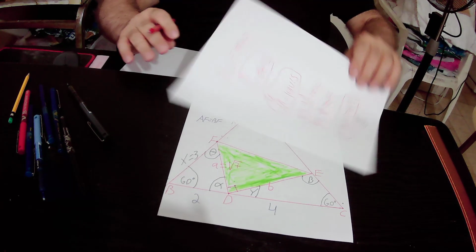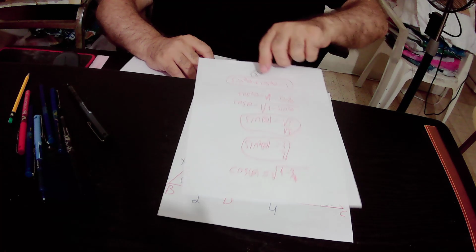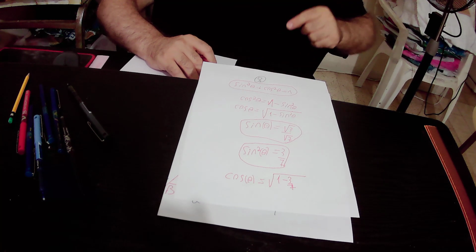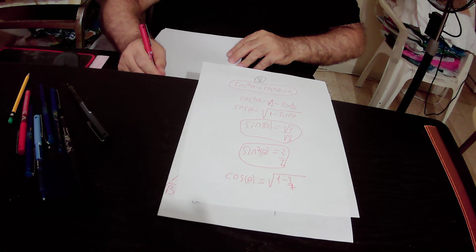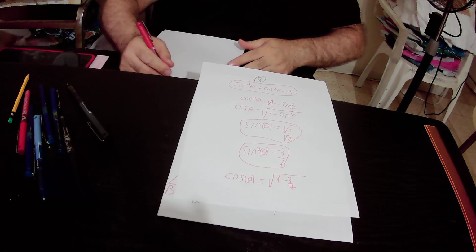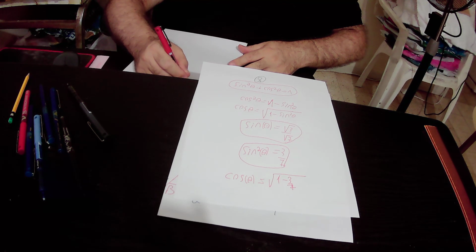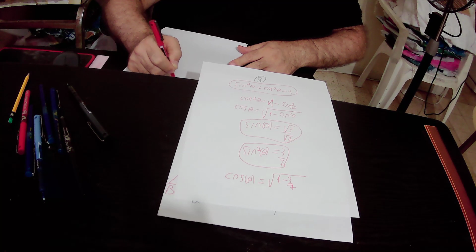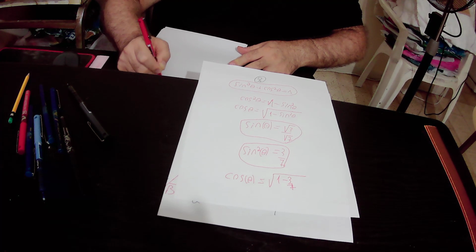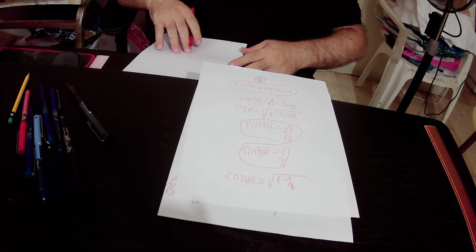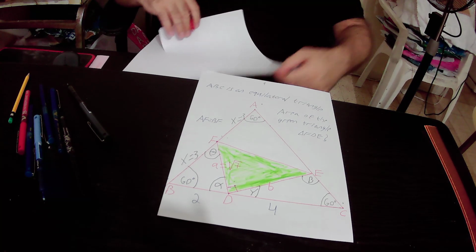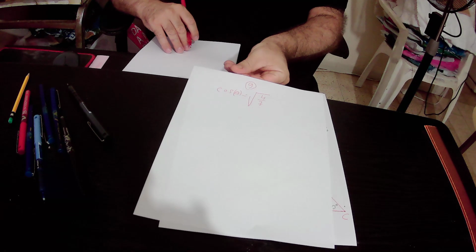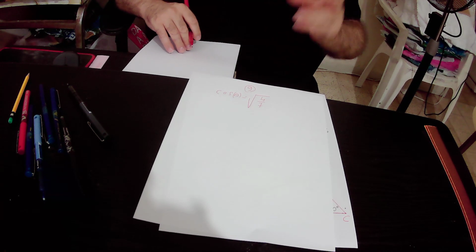Okay, we got that the value of cosinus theta equals the root of 1 minus 3 over 7. 1 minus 3 over 7 is 4 over 7. So we got that the value of cosinus theta equals the root of 4 over 7.